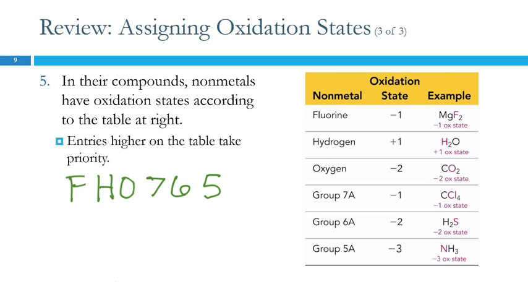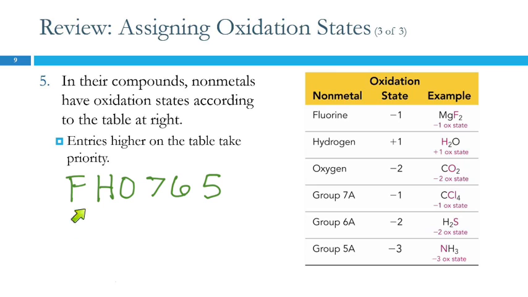Yes, there's actually a restaurant, pho 7, 6. So they just need to put a 5 at the end, and they're going to be my cheat sheet for oxidation states. Okay, pho 7, 6, 5. You can remember that? Okay, if you can remember that, the rest of this is a piece of cake.